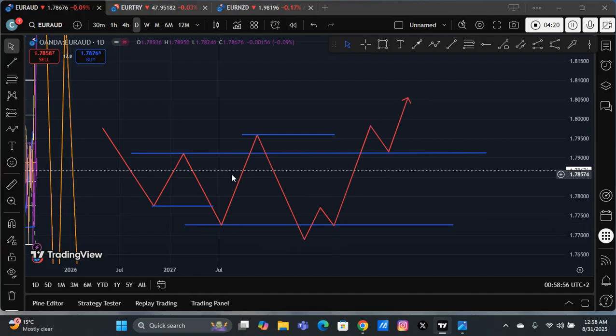Remember, the market makers make money when they trade in the opposite direction of the market, in the opposite direction of the fundamentals. That's where they make money. And when they move the market, they don't move it because they want to make money. They move the market because there are many traders who have sell stops up here.